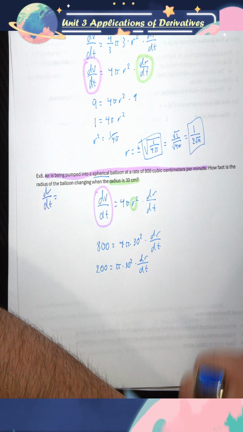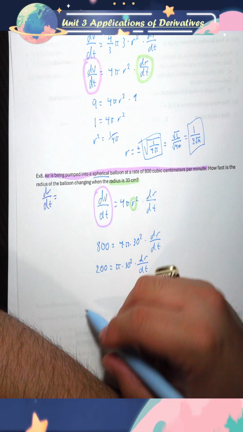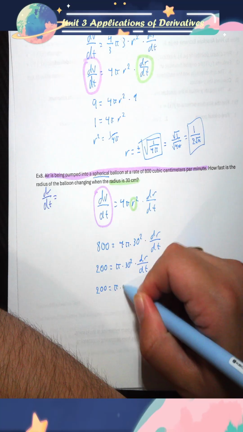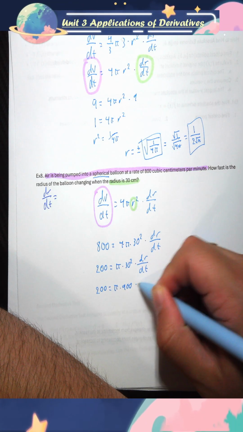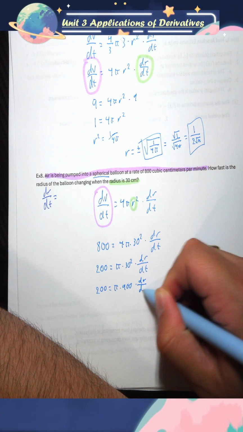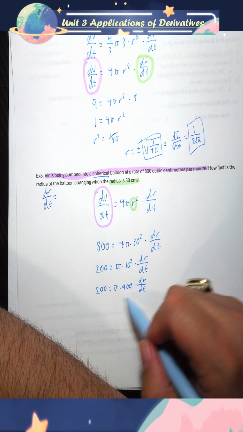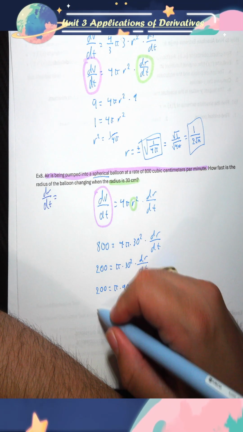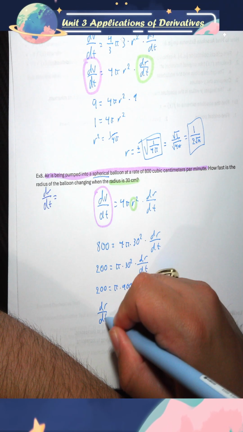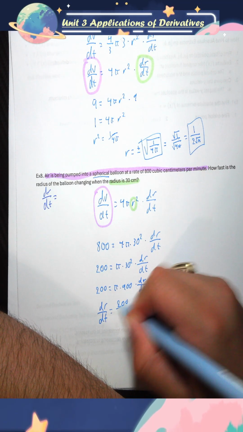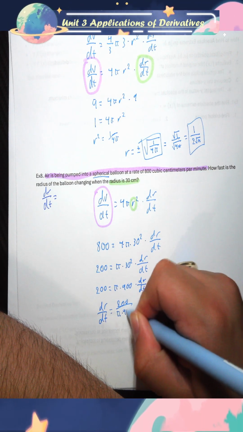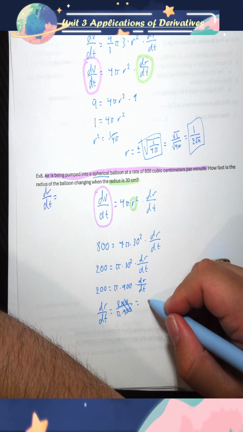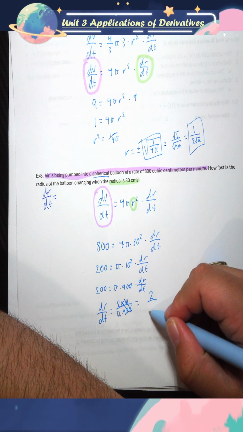I'm going to take a beat and figure out 30 squared, which I can see is just 900. Divide by this whole constant so I can get dr over dt is equal to 200 over pi times 900. I can factor out these two sets of zeros, and I'm left with the final answer, 2 over 9 pi.